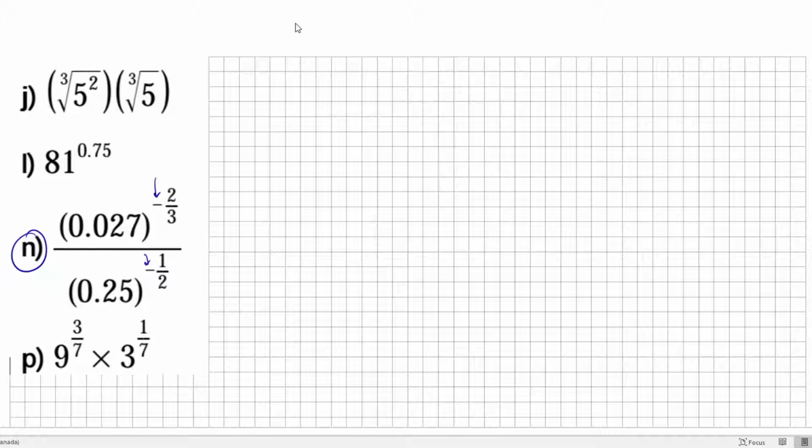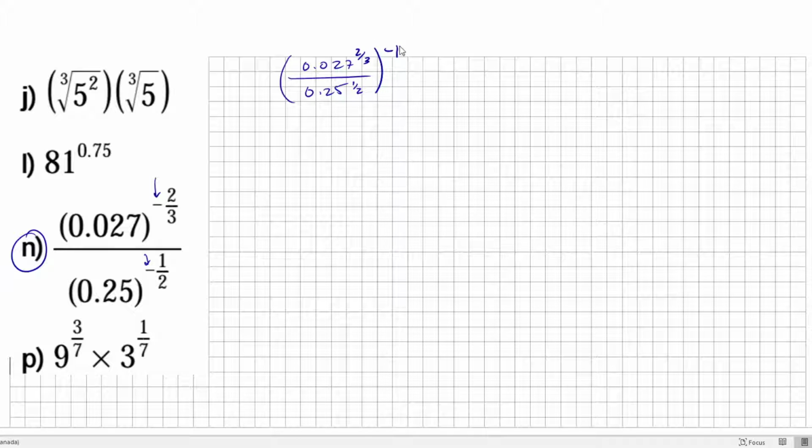And that's absolutely true, but I'm going to show you why you can flip the fraction in a little bit more mathematical detail. Okay, so you've got 0.027 over 0.25. This is raised to the negative 2 over 3, so I'll just put that to 2 over 3, and then I'll put that to 1 over 2, and I can actually factor out a negative 1 from those exponents, right?